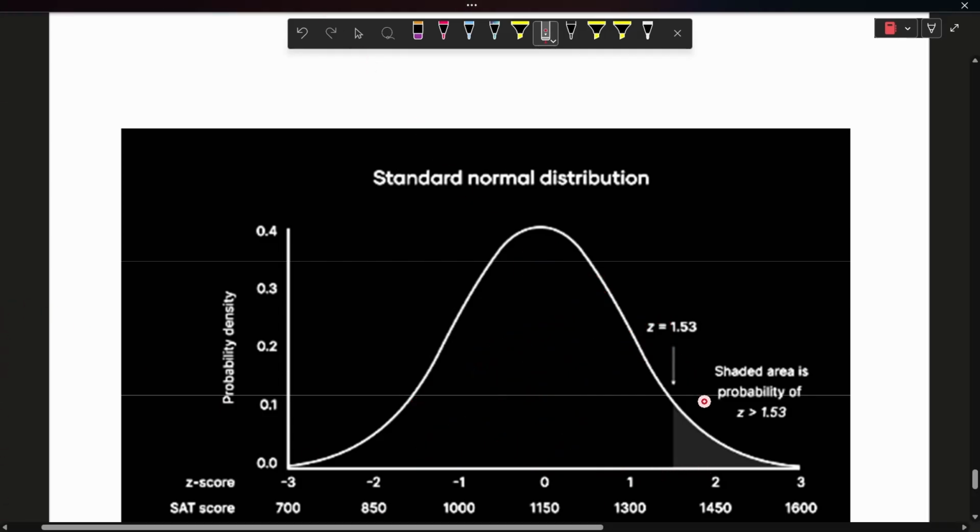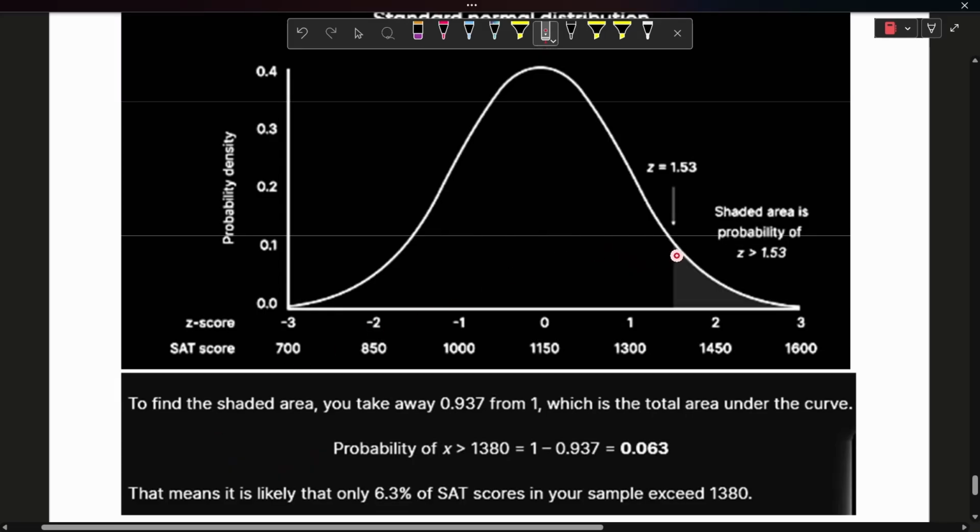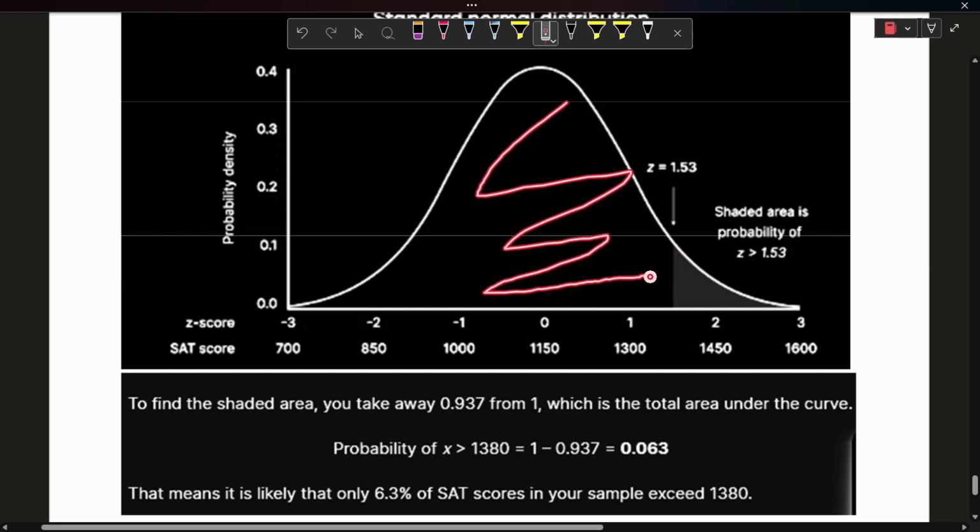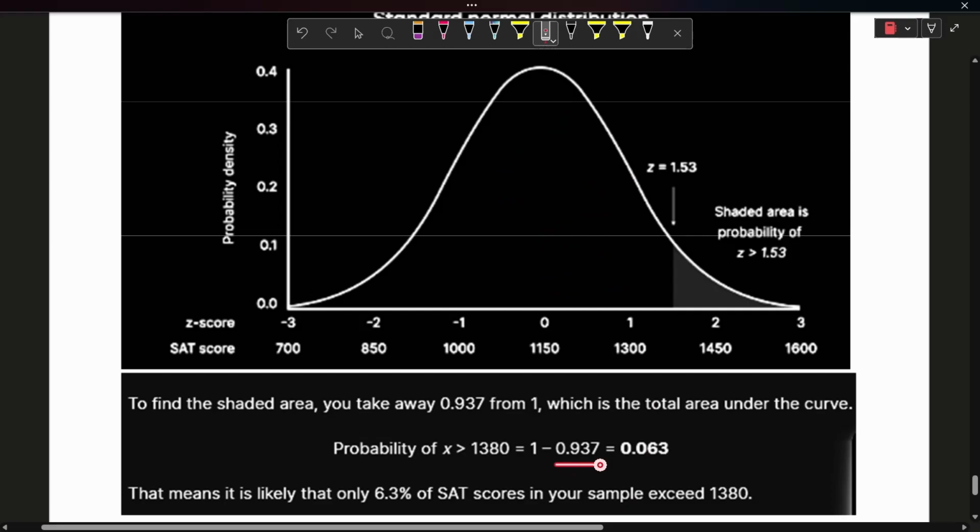So we want to find more than 1380. To find this shaded region, we will subtract this shaded region from 1. This shaded region we already got as 0.937. Why are we subtracting it from 1? Because the area under this normal distribution curve is always 1.